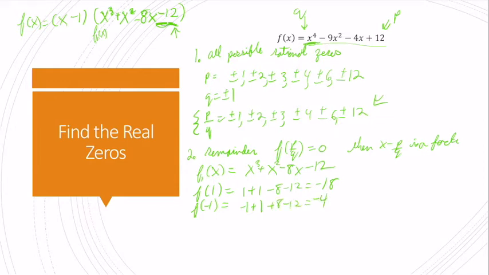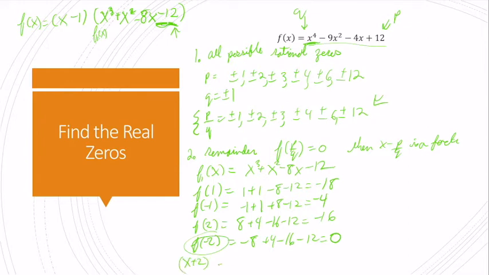Again, not good. f of 2 gives me 2 cubed, which is 8, plus 2 squared, which is 4, minus 16 minus 12, well, that gives me a negative 16. But f of negative 2 gives me negative 8 plus 4 plus 16 minus 12, which is 0. Woohoo!